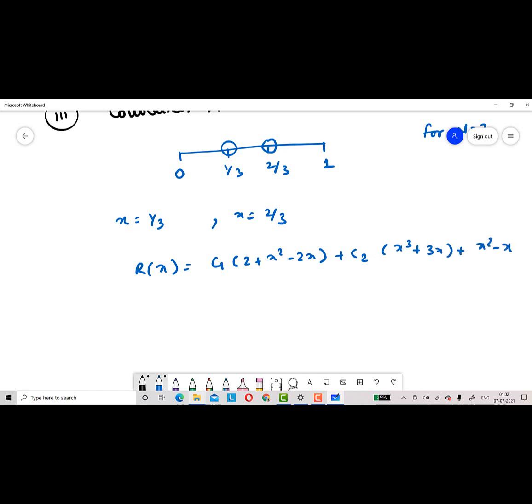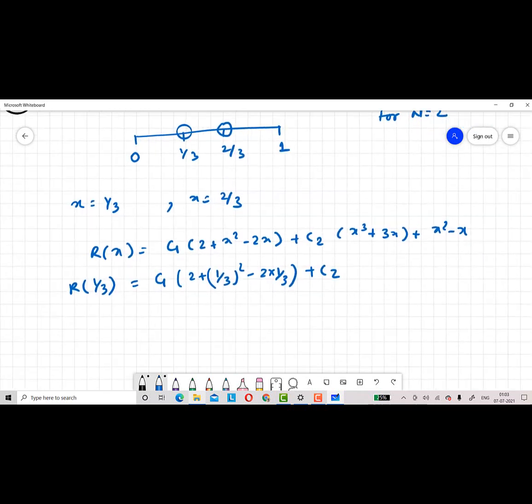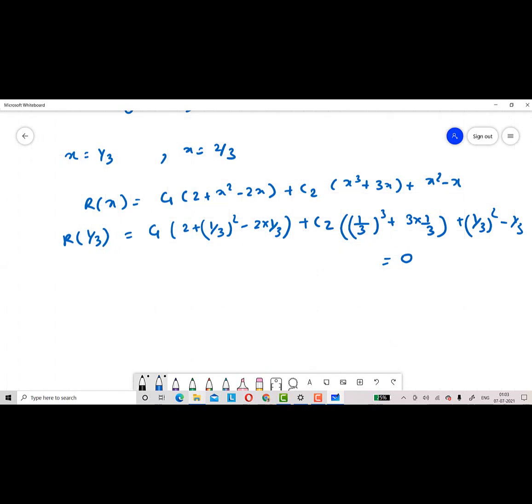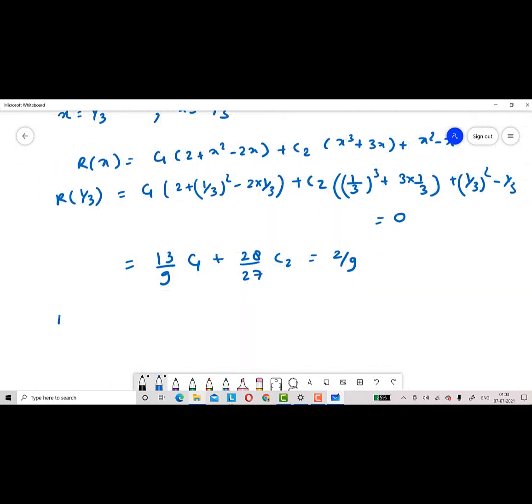So we put r at 1 by 3 equals C1 (2 plus (1 by 3) whole square minus 2 into 1 by 3) plus C2 ((1 by 3) whole cube plus 3 into 1 by 3 plus (1 by 3) whole square minus 1 by 3) equals 0. So we will get 13 over 9 C1 plus 28 over 27 C2 equals 2 by 9.